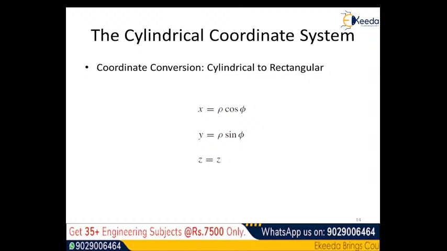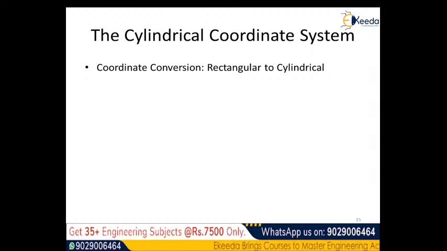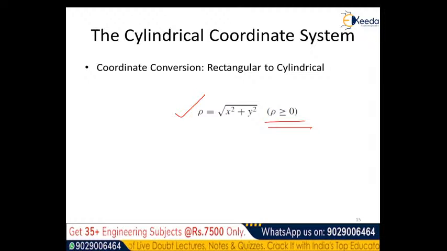The reverse coordinate conversion we had also seen, that it was rectangular to the cylindrical coordinate system. When we know the values of x, y and z, we should be able to determine the values of rho, phi and z, from x, y, z to rho, phi and z. So for that purpose, we had from the Pythagoras theorem, rho is equal to the square root of x square added with y square, provided rho is greater than or equal to 0.